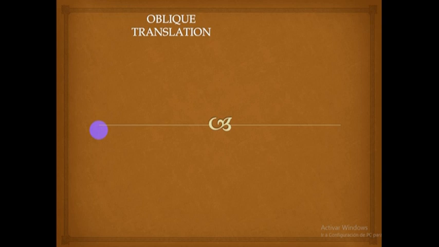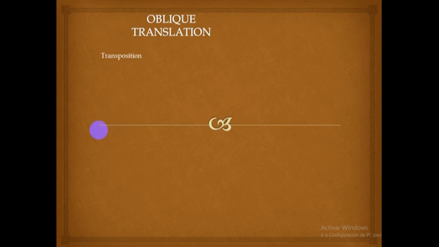like parts of speech. You can change the parts of speech, but the meaning has to be the same. Now, this method, oblique translation, consists of 3 techniques. Let's see the first technique, which is transposition.